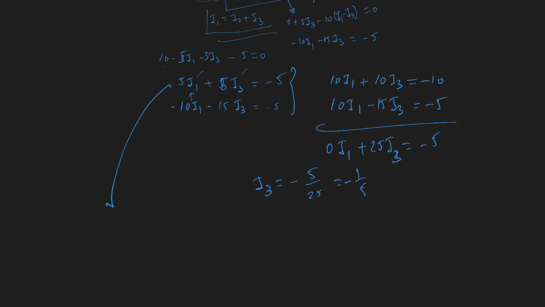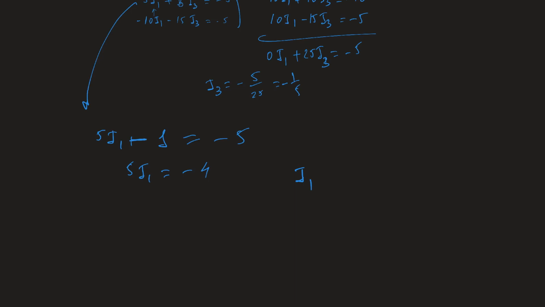For the first equation, I can find I1: 5I1 minus 5I3 minus 1 equal minus 5, so 5I1 equals minus 5 plus 1, minus 4. So I1 is minus 4/5. It looks like I have chosen all the currents in the direction that I shouldn't have, but it doesn't matter. The minus sign means the current is flowing in the opposite direction.